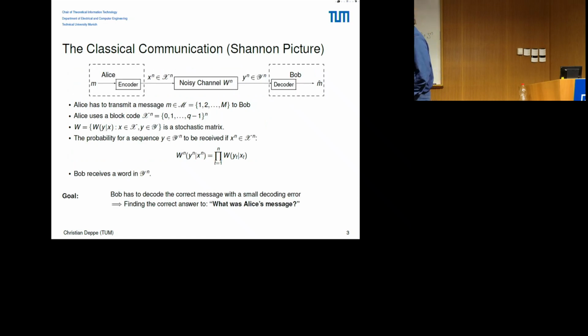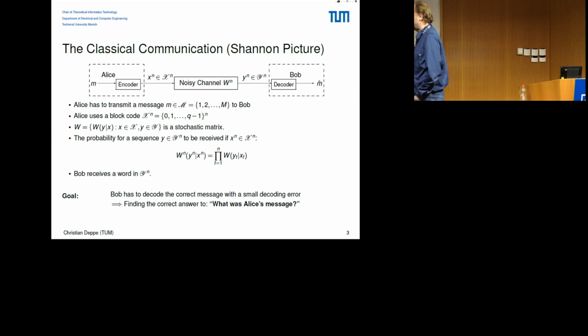First, we start with the classical communication, the Shannon picture. So we have here Alice who wants to send some message to Bob over a noisy channel, and Alice transmits a message to Bob. She uses block codes, and we have a stochastic matrix, and Bob receives a word in Y^n. But what I want to point out here is, what is Bob's question?